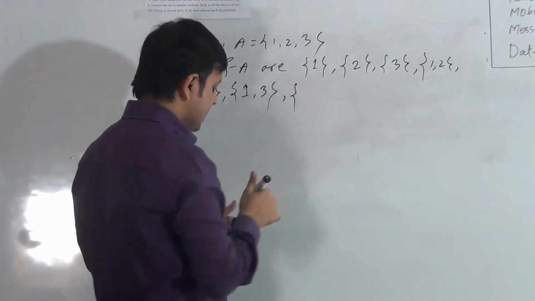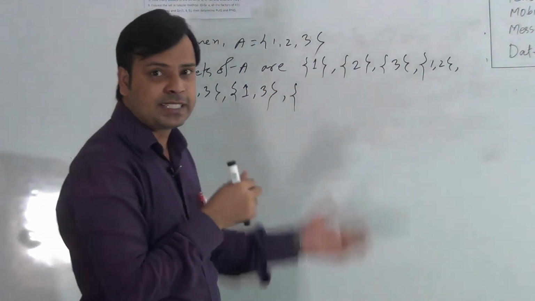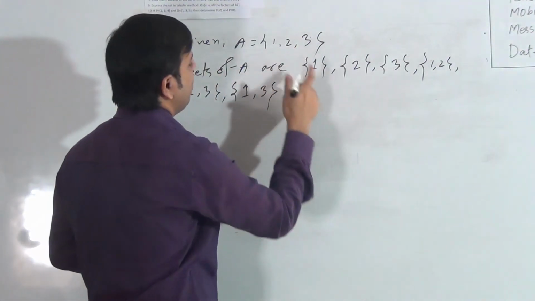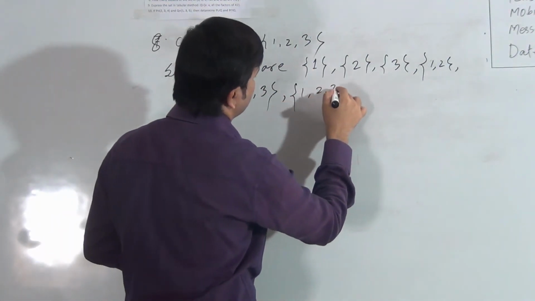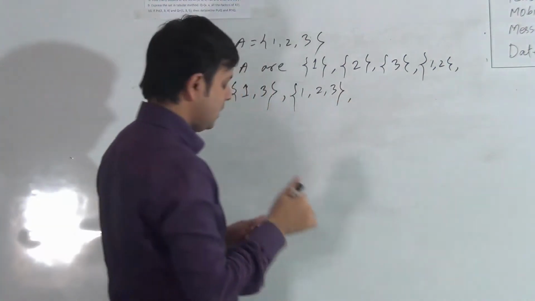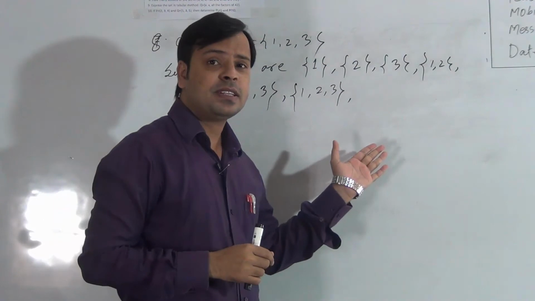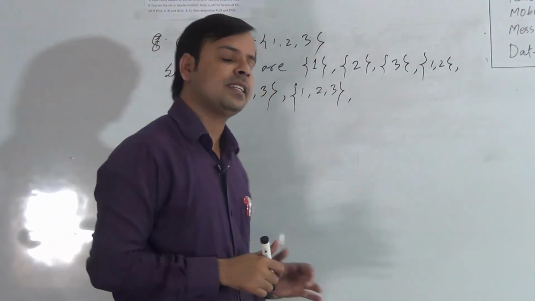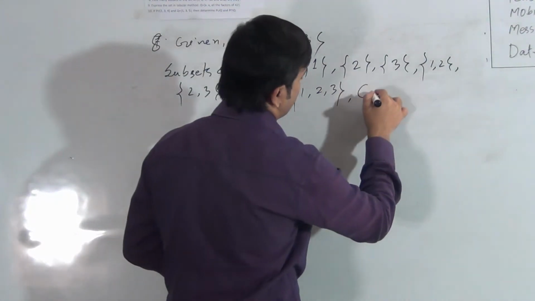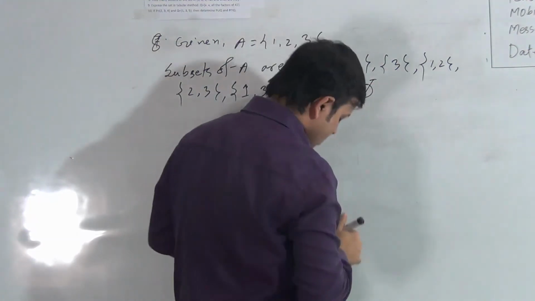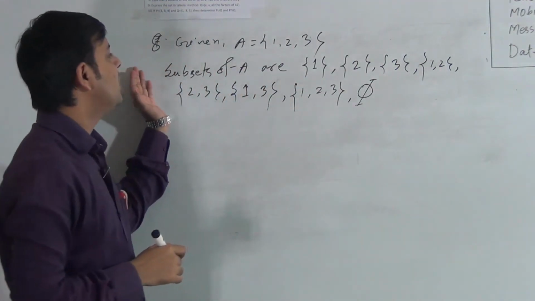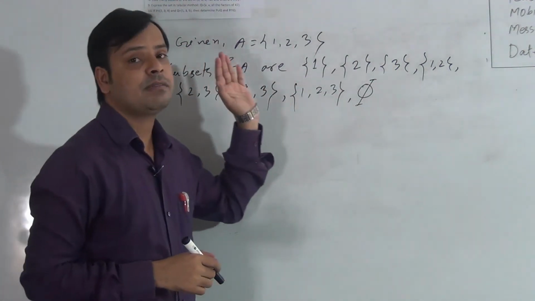Now every set is a subset of itself, so we can write taking all the elements, {1, 2, 3}. And I have told that the empty set is a subset of any set, so we can write here the empty set also. So this is also a subset of the set A.